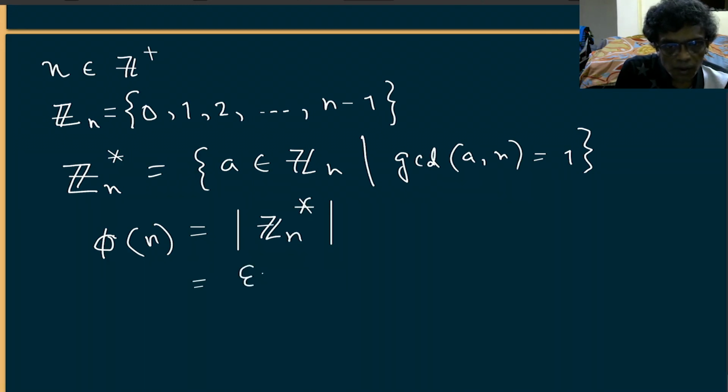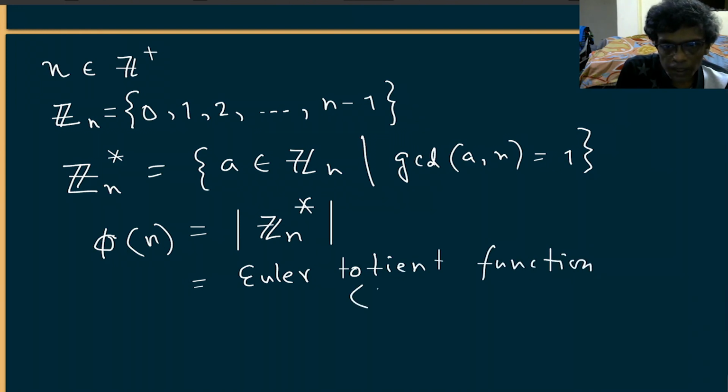This is called the Euler totient function, or the Euler phi function. Okay. So now that we have prime factorization with us, we can now derive an explicit formula for phi of n. But before doing that, let me give you an example.